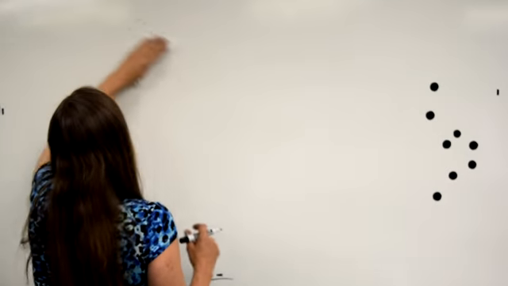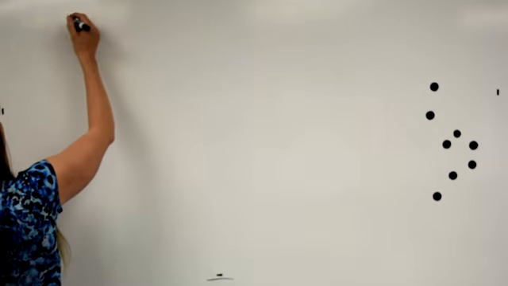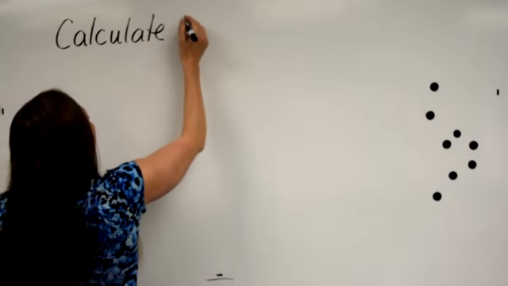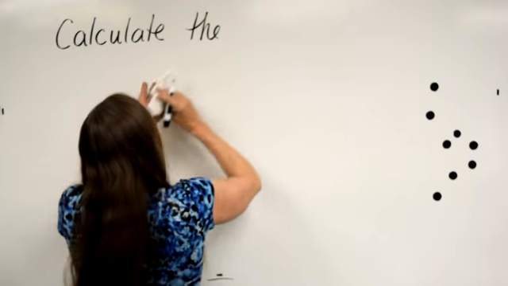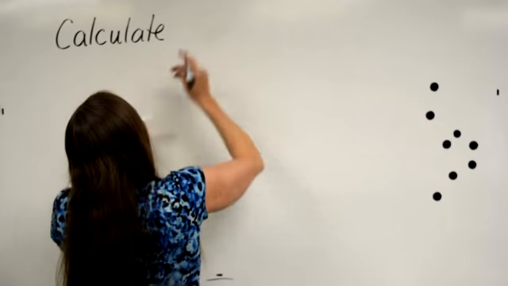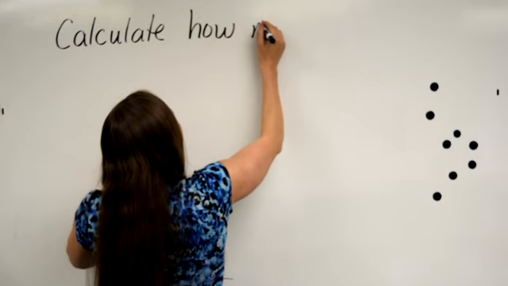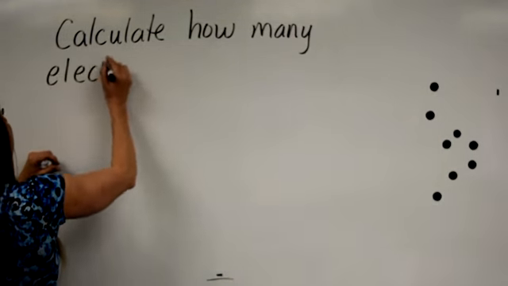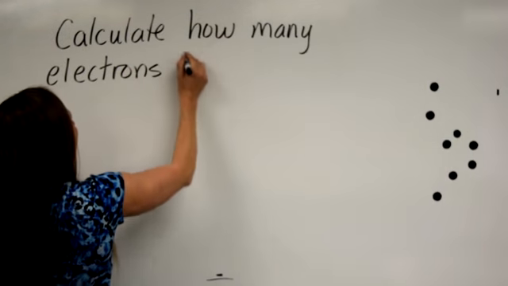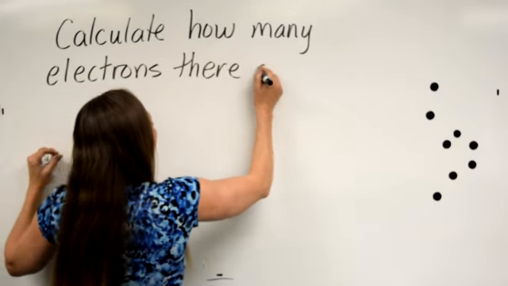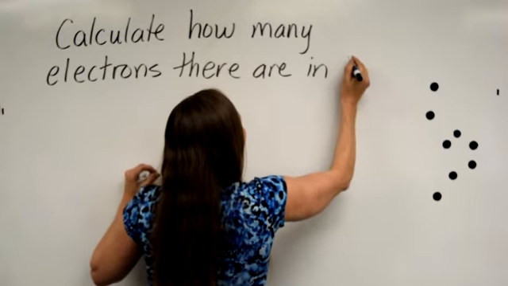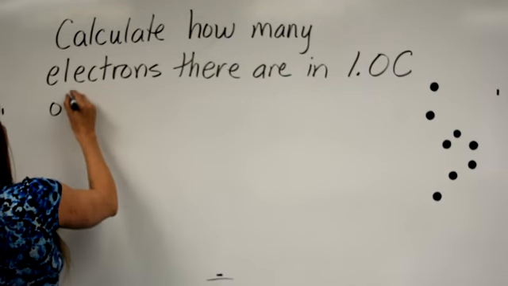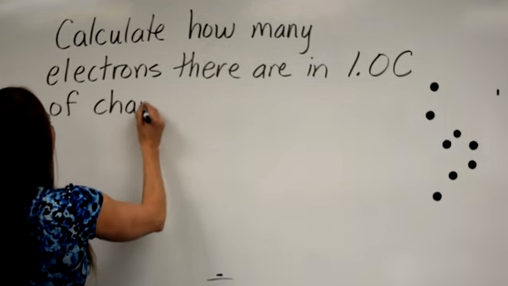All right, let's write that down as a question. Calculate how many electrons there are in 1 Coulomb of charge.